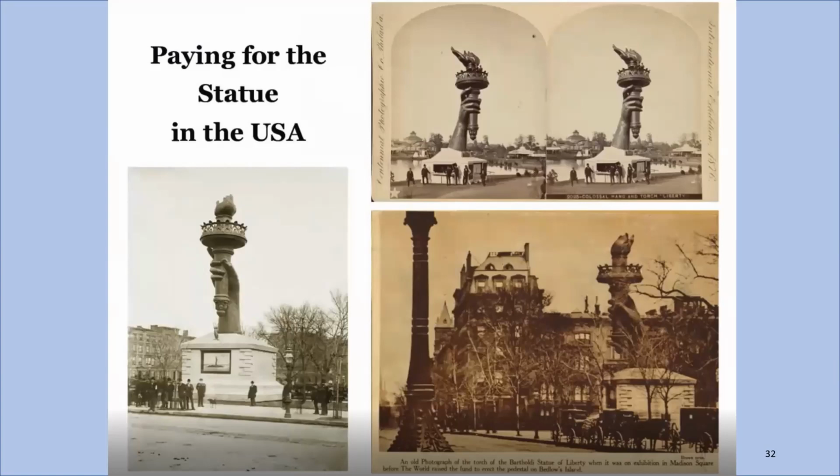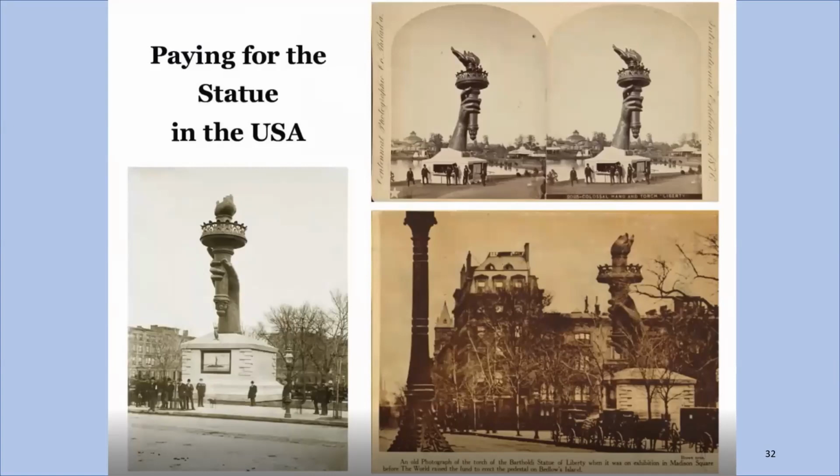People would pay an admission fee to climb up to the top and look around. And in 1884, when the statue was completed, the arm and the torch were then sent back to Paris to make sure that it would fit the rest of the statue. It was eventually all sent back to the U.S. in 1885 and then opened to the public in 1886.